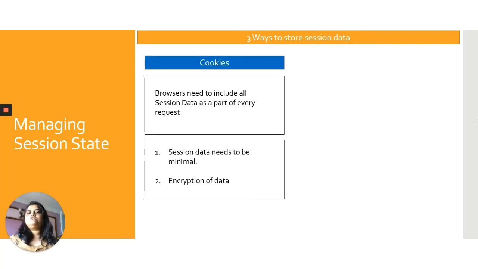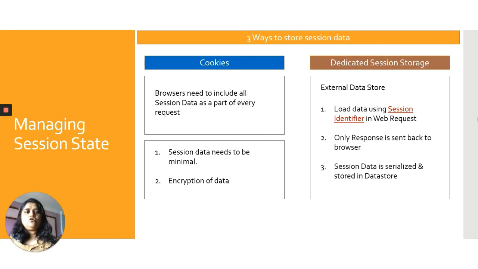The first one is cookies. In this case, the browser needs to include all the session data as a part of every request. So the limitations are that, as you need to include it in every request, the session data has to be minimal and you need to take care of the encryption of this data. These are the two limitations.